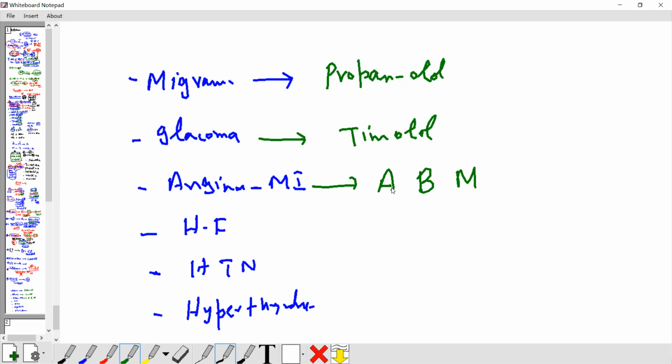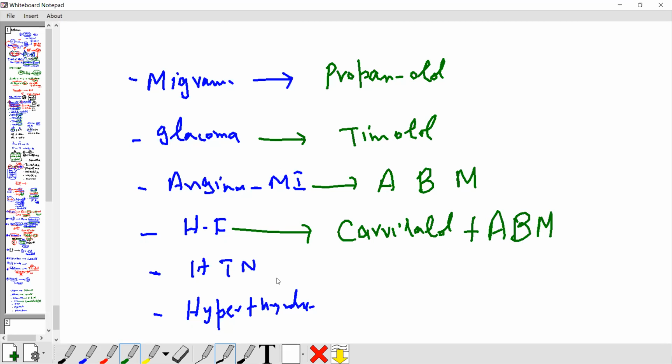These three you must keep in mind. Heart failure patient: carvedilol, plus you can also go for atenolol, bisoprolol, metoprolol. For hypertension, you can go for any, selective or non-selective, no problem.